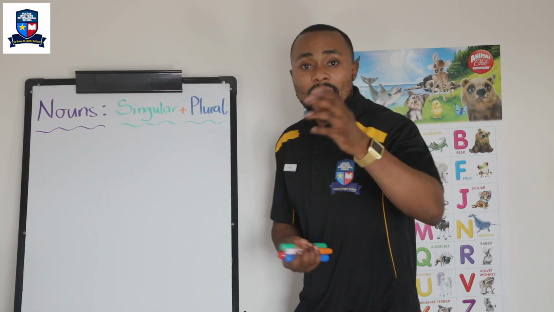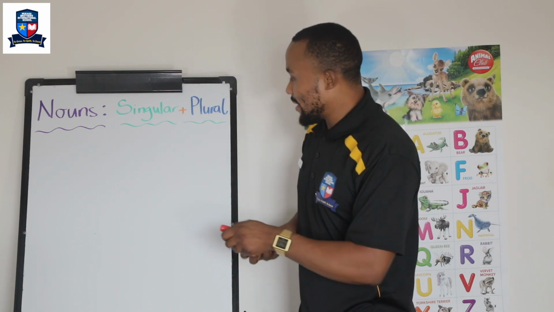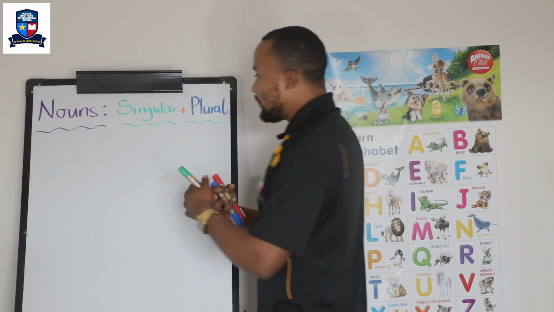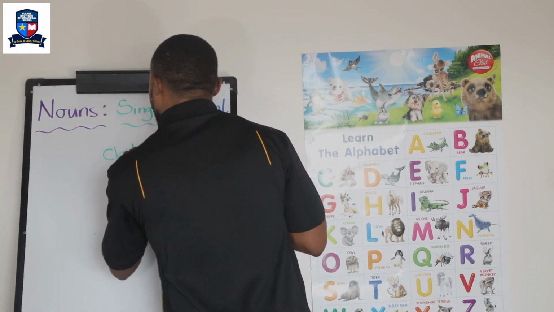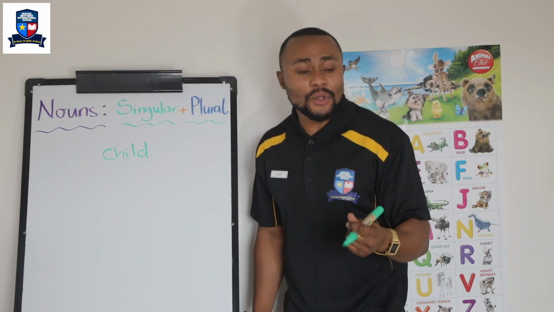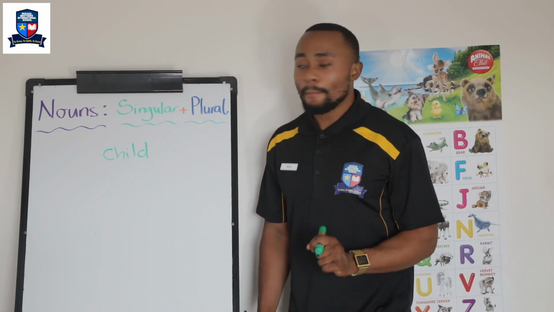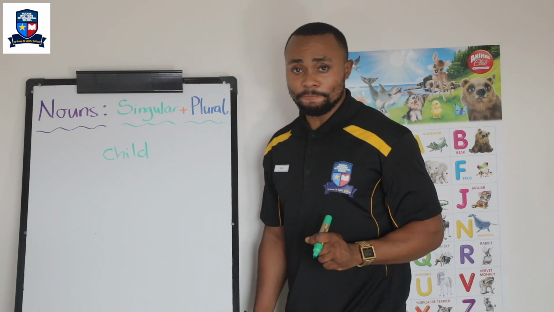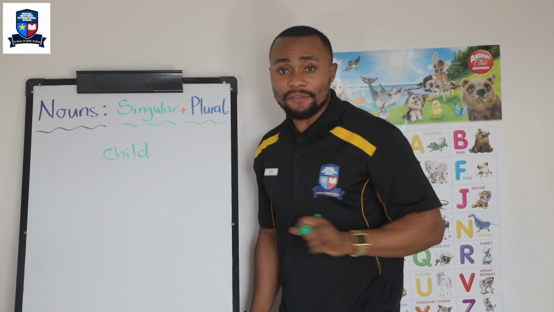All right, so let's look at another different way, okay? For example, we have a singular word, such as child. A child is a noun because it is a name of a young person who is not an adult. One child. It's singular form.